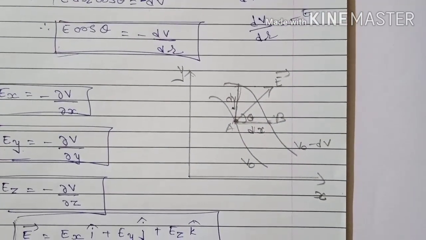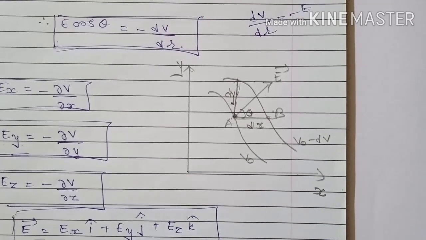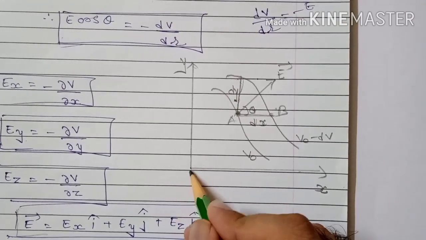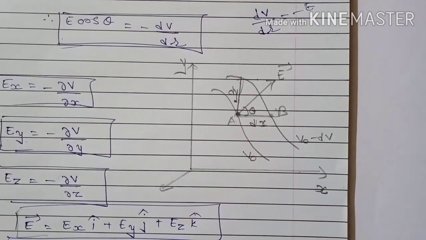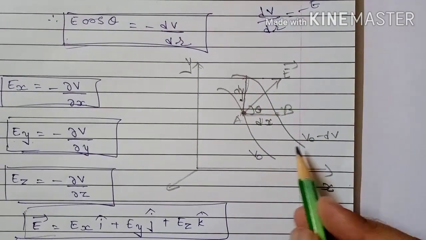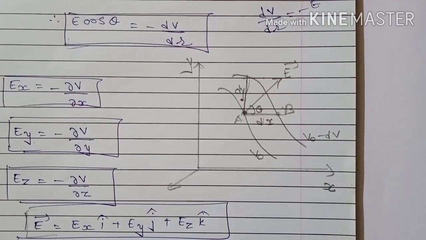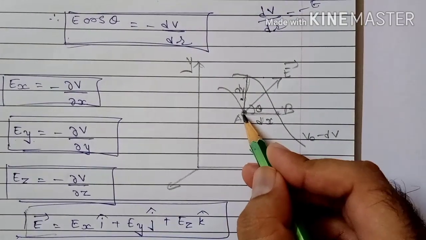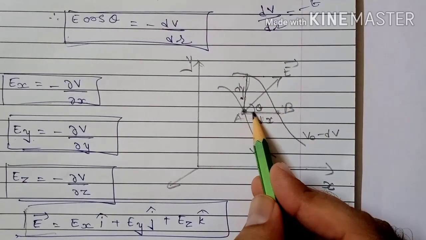Here if we consider electric field in 3-dimensional space, then I have considered equipotential surfaces with potential V0 and potential on the second equipotential surface V0 minus dV. This is the direction of electric field at point A. Now we want to move charge in x direction.